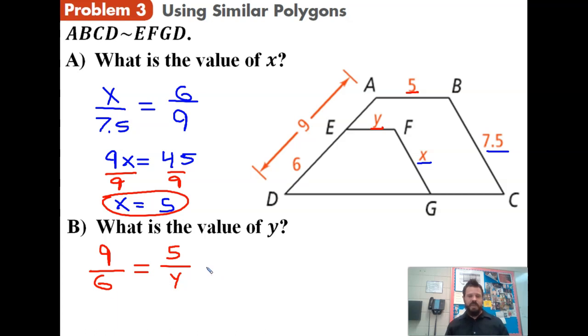So again, different ways we can set these up. Either way, when we cross multiply and divide, we'll get the same thing. Cross multiply, y times 9 would be 9y, which is equal to 6 times 5, which is 30. And then divide, we'll end up with y is equal to 3.3 repeating.